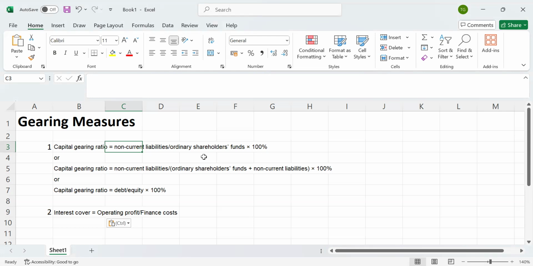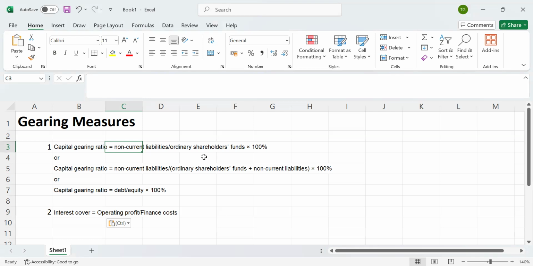Now, this ratio, if it's very high, is considered to be risky, because if the company has taken too much loan, there's always a possibility that interest has to be paid on debt, no matter if you're running into losses or profits. So if the company is not able to generate profits and this loan is too much, then they will run into even further losses, because the interest has to be paid no matter what.